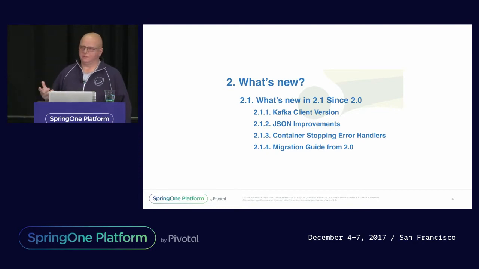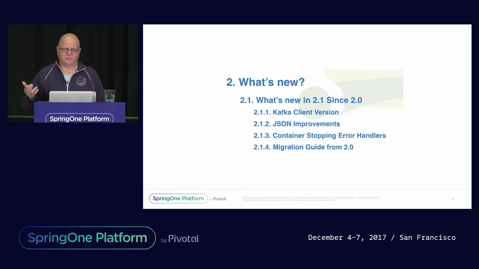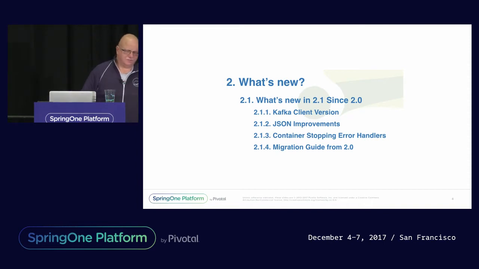On the consuming side, we can interrogate those headers to determine what class to deserialize to. Before this, you needed a custom message converter or a custom Java deserializer to do stuff like that. And then another big thing that was asked for is the notion of just stopping the container.